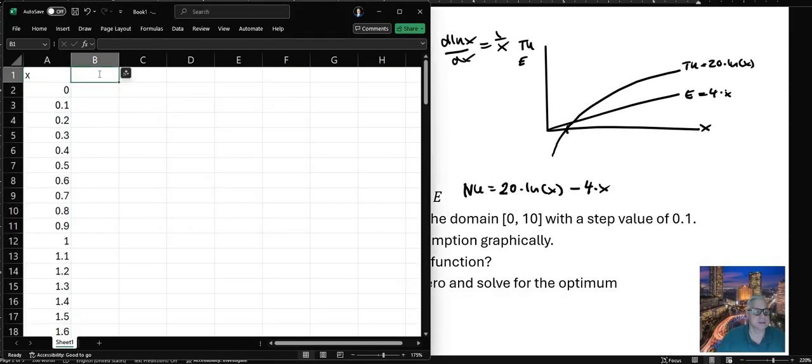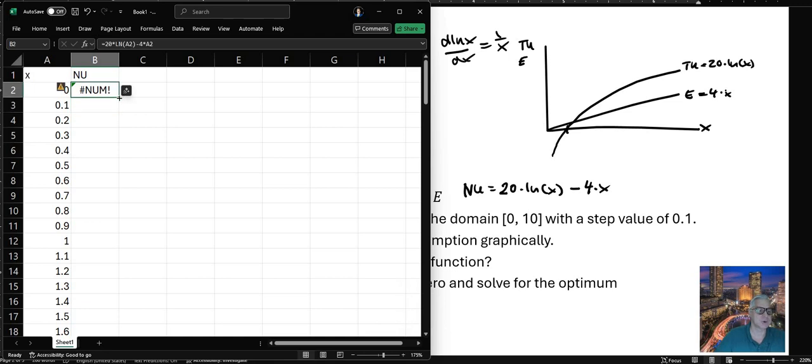So the next thing is the net utility. We said the net utility function is 20 times ln of x, and actually now we will get an error message because you cannot take the log of 0, or the log of something negative, minus 4 times x. That is the net utility function: the total utility minus what you have to pay for it, or the cost that you incur.